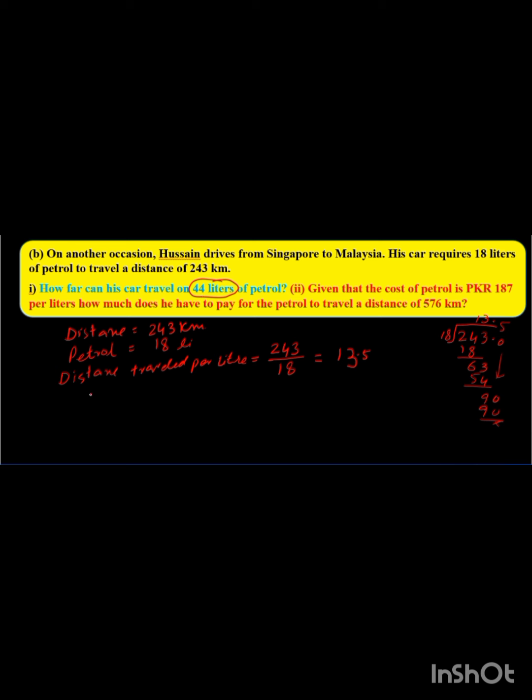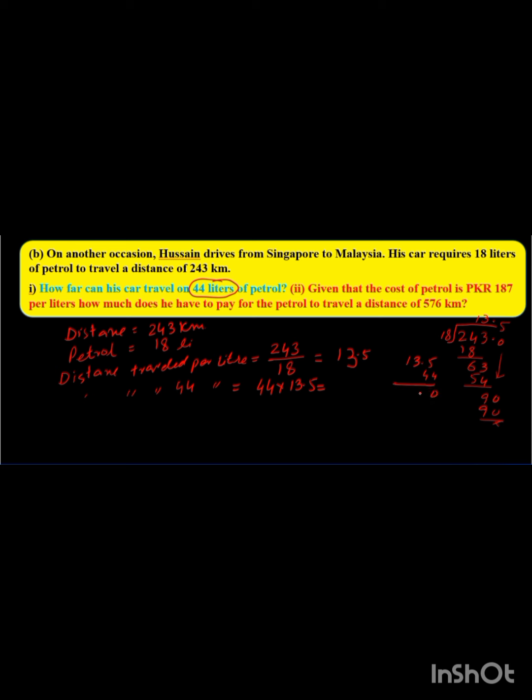Again we have to write distance traveled in 44 liters. So what do we have to do now? We have to multiply 44 by 13.5. Again you have to do some multiplication and working here.